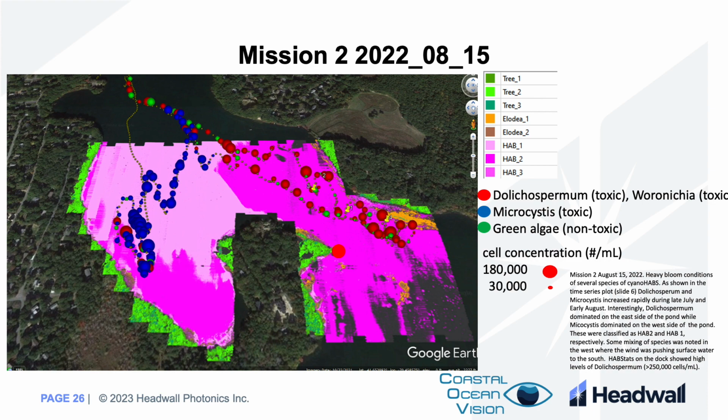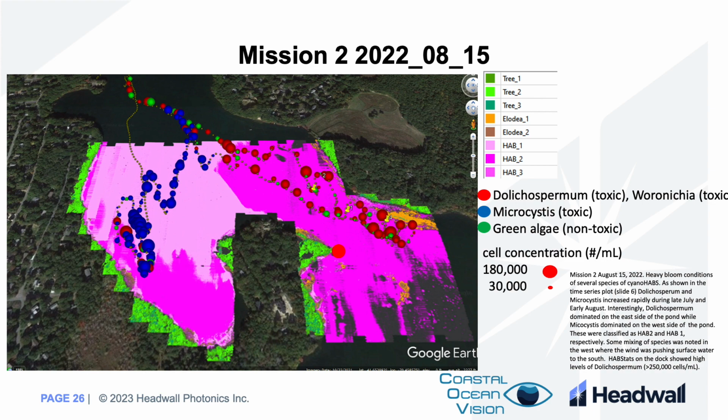And this is, to me, the most intriguing result of the whole thing, that it appears that we can distinguish between toxic algae species just by the spectral characteristics as measured by the drone flying over the pond.